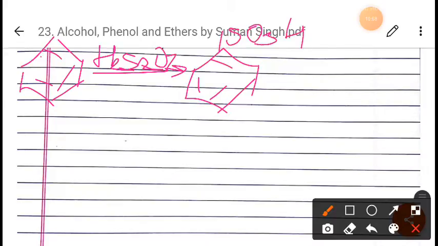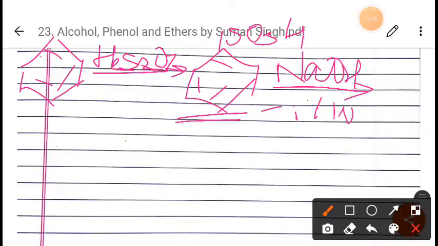This is benzene sulfonic acid, which is further treated with NaOH, and H2O will come out from here.